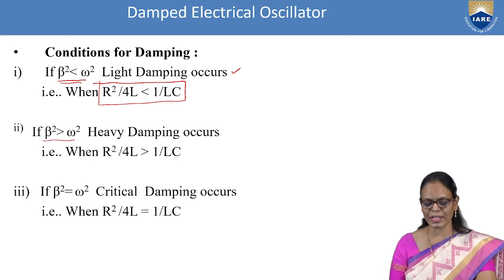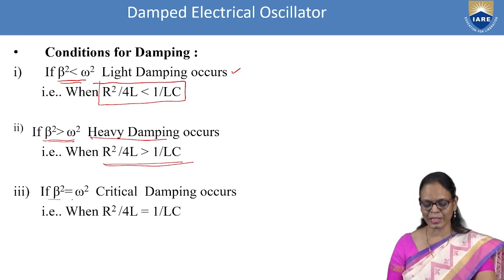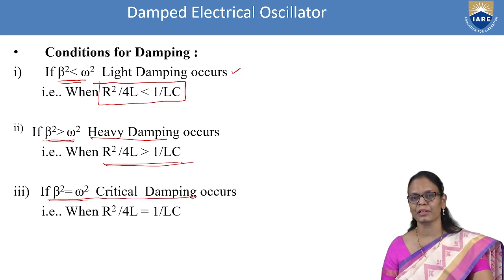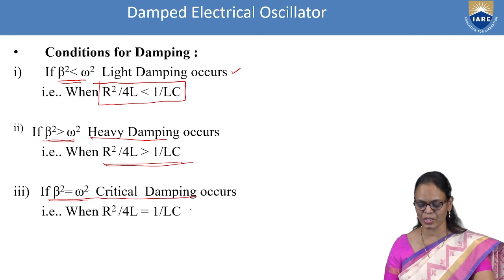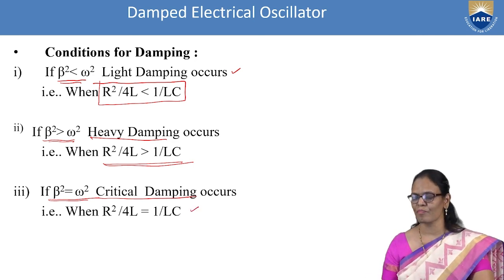If beta square is greater than omega square, that is R square by 4L square greater than 1 by LC, there will be heavy damping. And when beta square is equal to omega square, there is critical damping. These are the three conditions for damping in electrical oscillators.